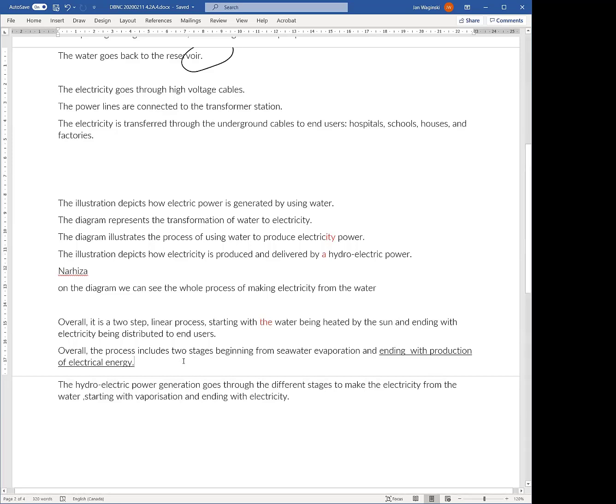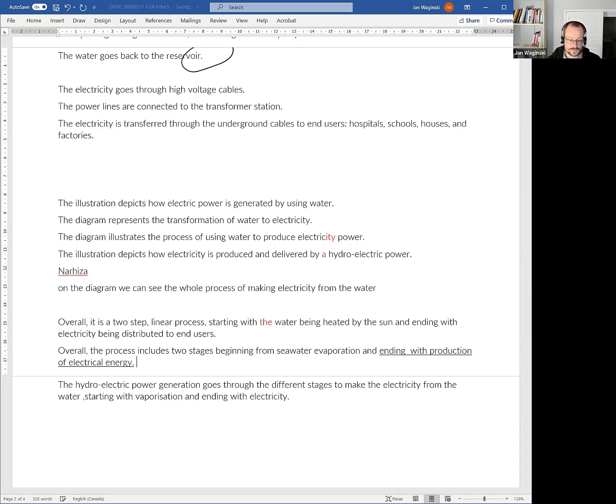Or ending with electricity. Oh, exactly the way Dina did it is fine. Ending with, the simple way would just be distribution to end users. Whoops, not sewers, that's something different.